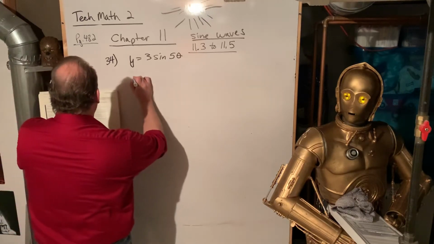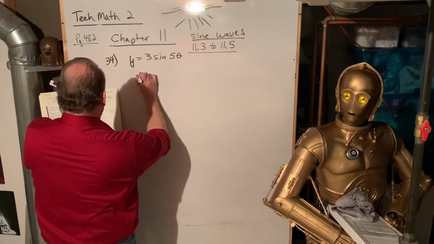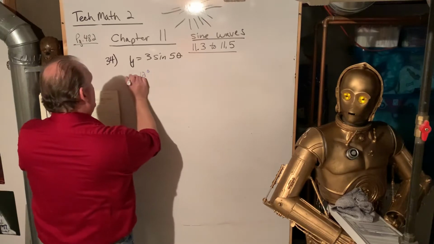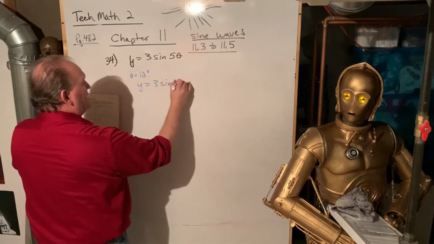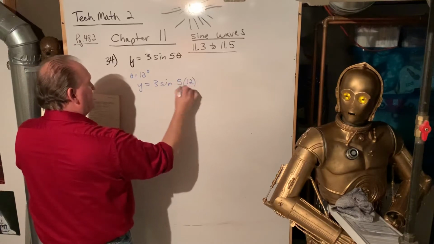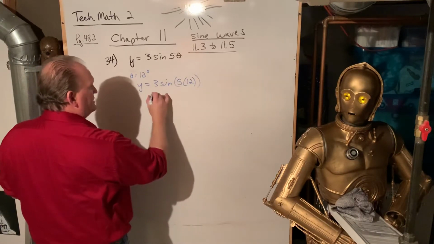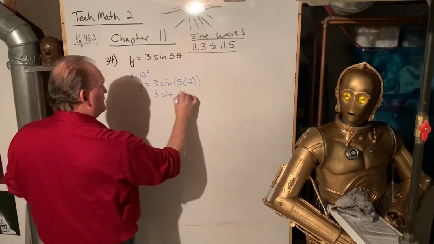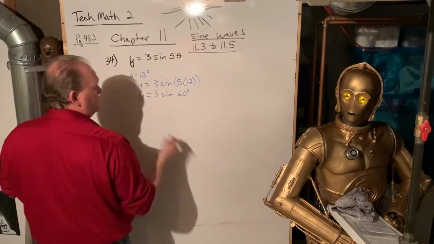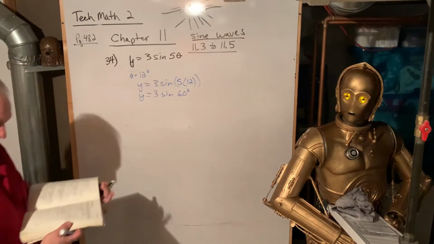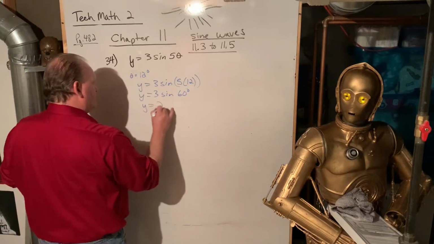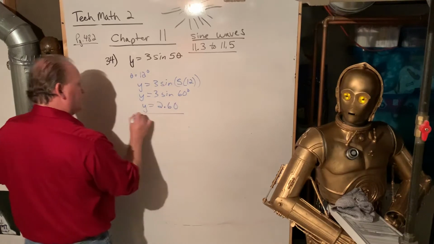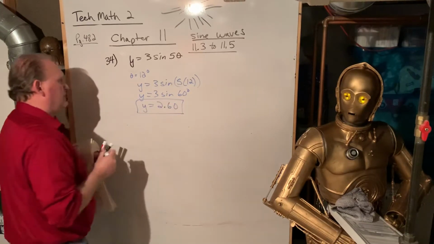For 34, they just want us to plug and chug. So they want theta as 12 degrees, so we just say 3 sine of 5 times 12. And so that's 3 sine 60. And when you do that, that's, what is it, 2.60. All right.